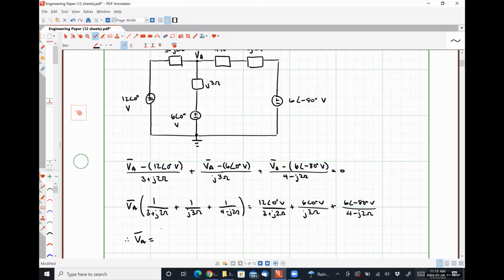So just to be clear here, I'm not done yet. This is going to look like 6.081 angle negative 54.067 degrees.